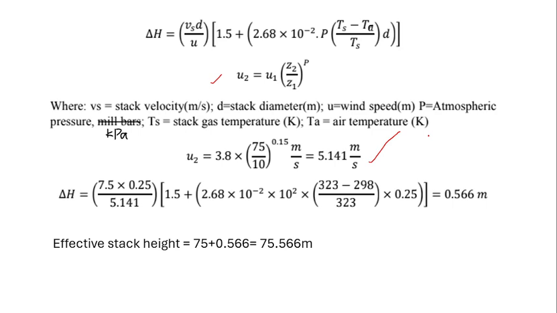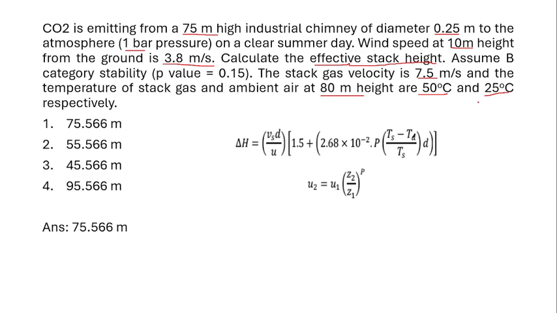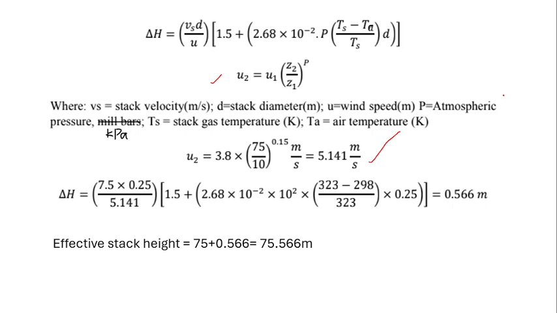So 50 plus 273 is 323. And ambient temperature is 25 degrees Celsius. So 273 plus 25 is 298 Kelvin, divided by Ts, again 323 Kelvin, into the diameter of the stack, which is 0.25. So if we solve this one, we will get 0.566 meter.